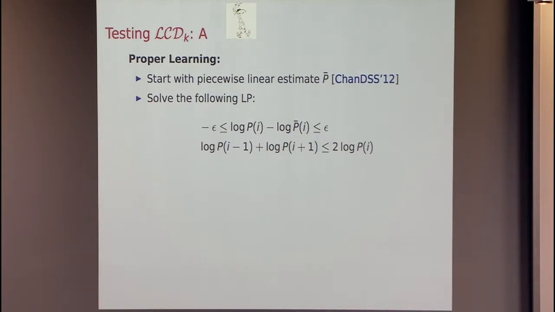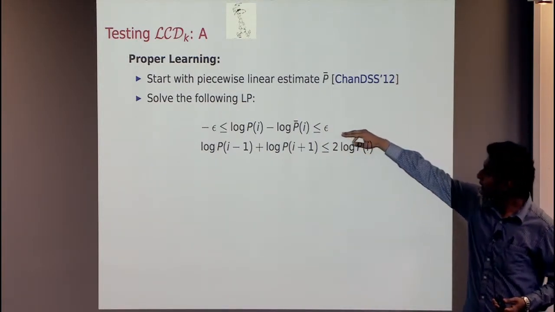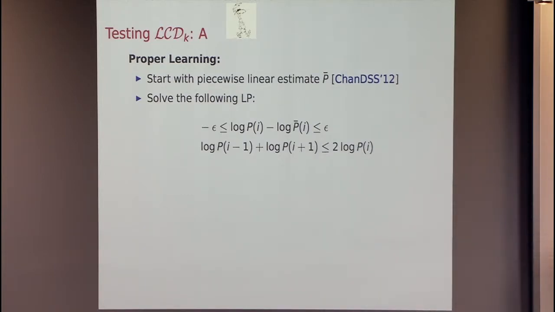So you start with it, and then you solve the following LP, which characterizes two things. This is the condition of log concavity, and this says that you try to obtain a multiplicative estimate of the probability value at each point. And if you obtain a multiplicative estimate of the probability at each point, that will convert to an upper bound on the L1 distance between the distributions.